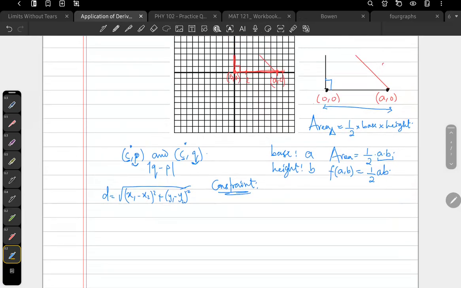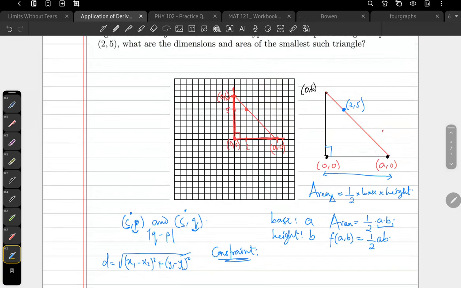There are two ways we can generate an equation from this condition. One of the ways is to consider the slope.